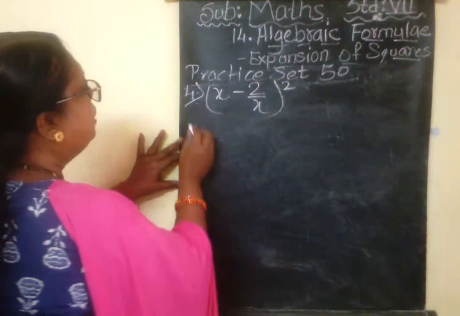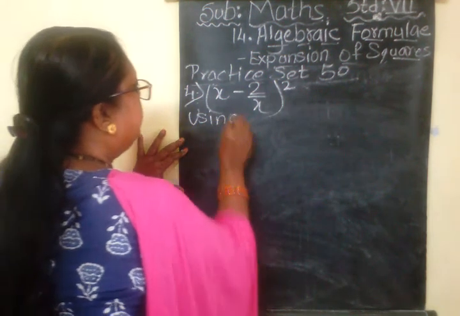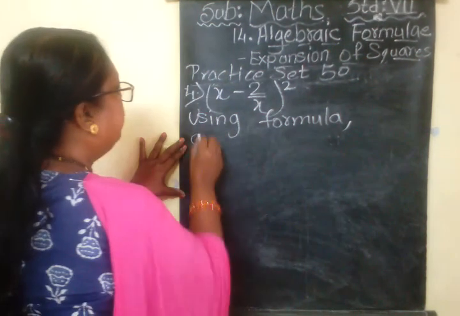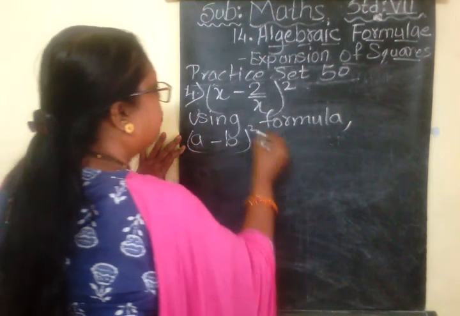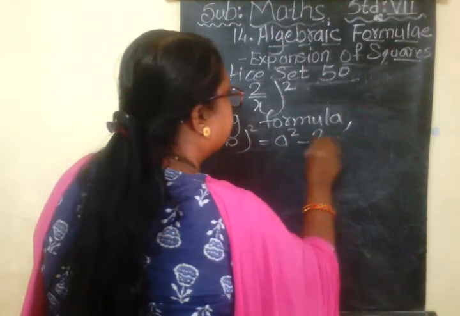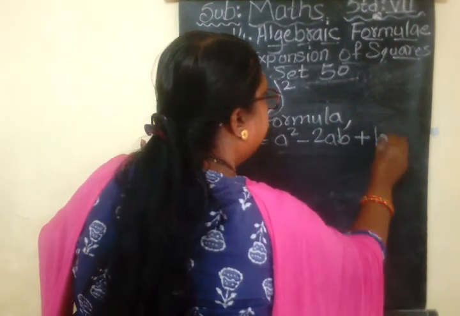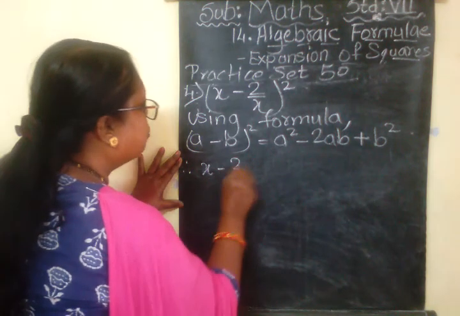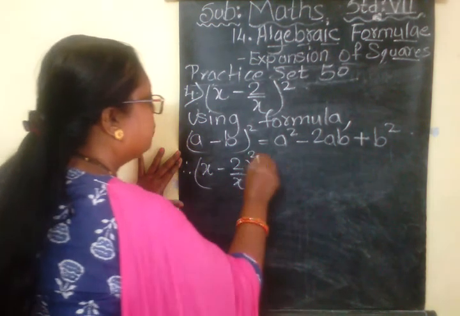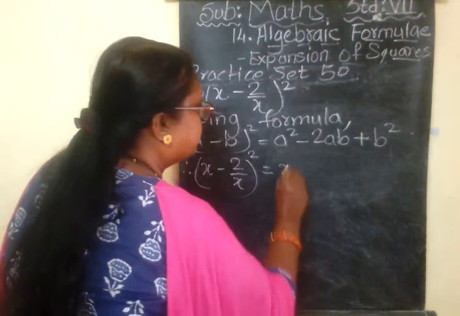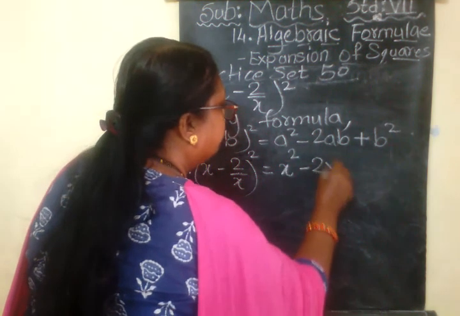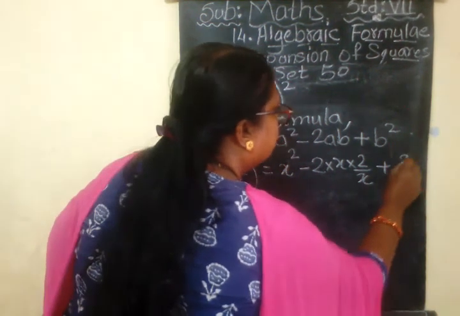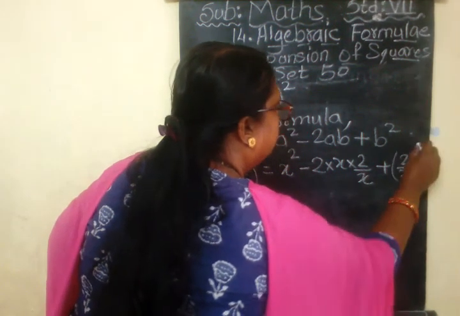Okay, so let us do it quickly using the formula. a minus b the whole square equals a square minus 2ab plus b square. Now I'll just do the sum. You can see x minus 2 upon x the whole square is equal to, instead of a I have to write x, so x square minus 2 into x into 2 upon x plus 2 upon x the whole square.